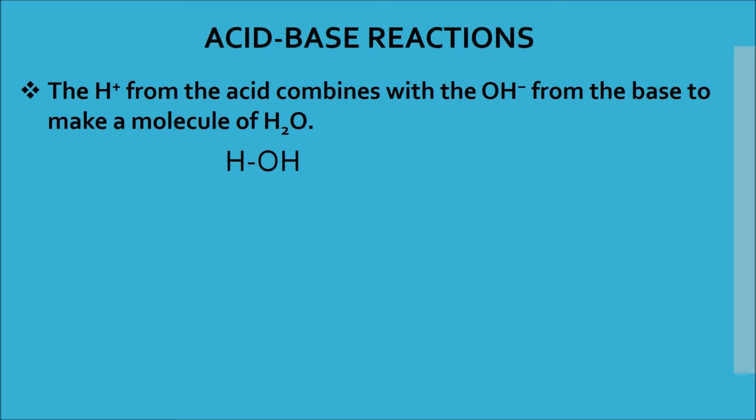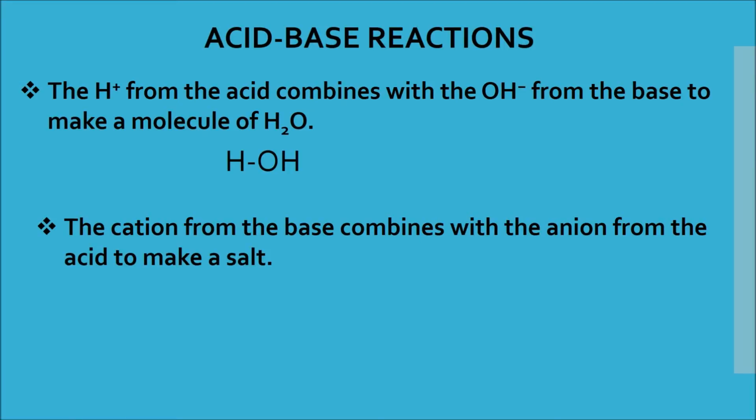Now, when acids and bases react, they form a water molecule. Basically, H plus and OH minus gives you H2O. And if you look at the typical acid-base reaction, the cation from the base is going to combine with the anion from the acid to make a salt.